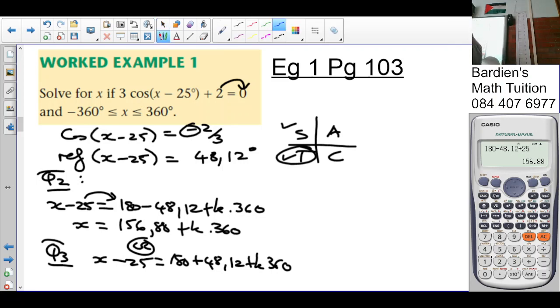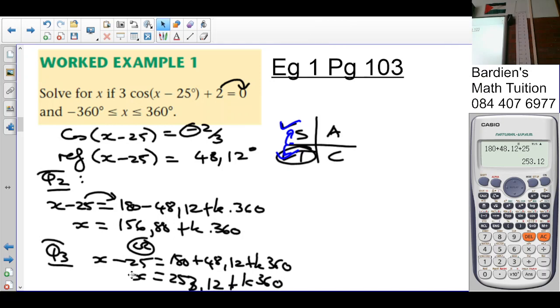Cos is negative in that quadrant and this quadrant. So in this quadrant it is 180 minus, in that quadrant it is 180 plus. So that is 180 + 48,12 + 25. That gives me an angle of 253,12° + k·360°.